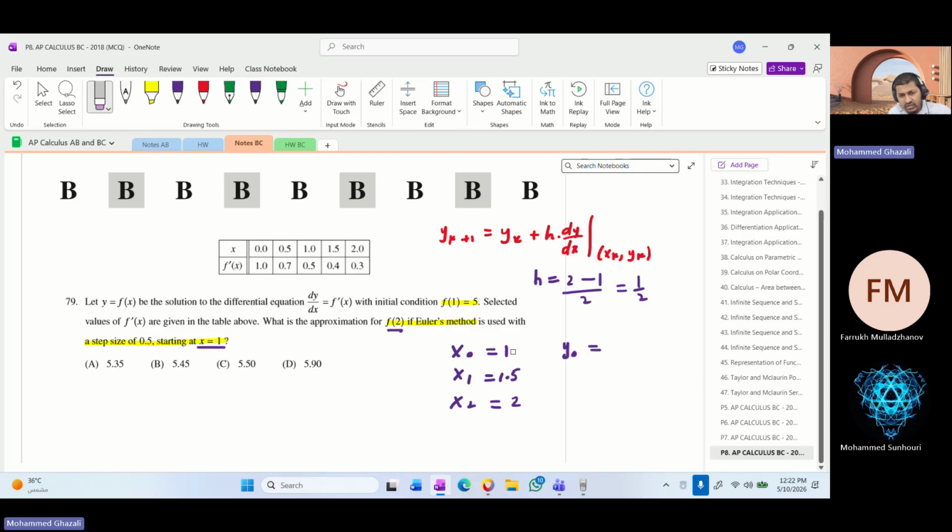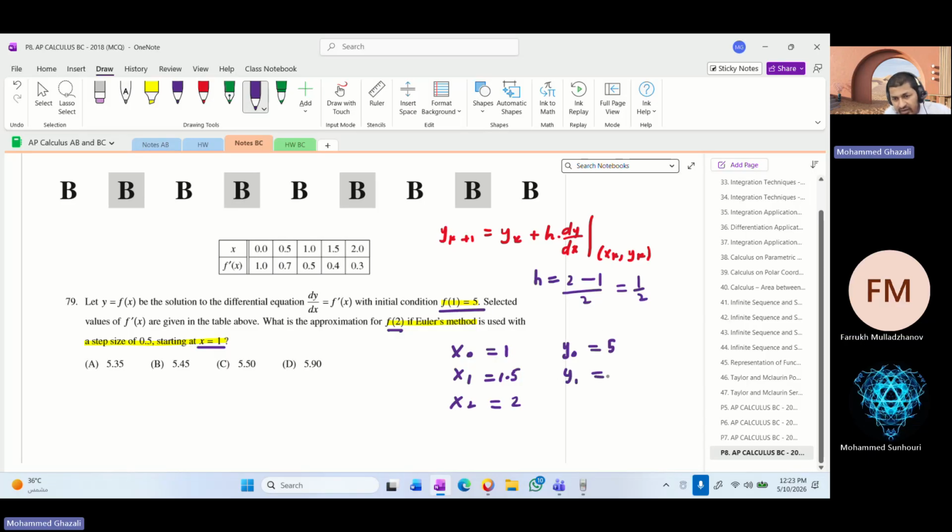Your initial condition is this 1. What's y naught? What's f of 1? They tell us it is 5. Yeah, f of 1 is 5.